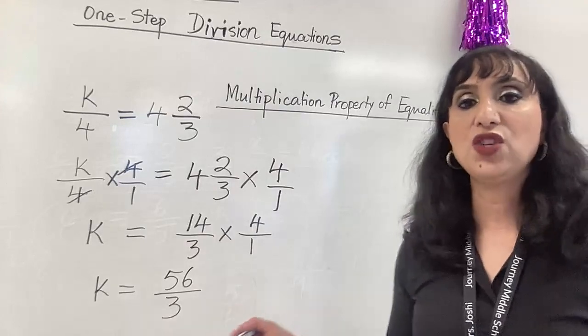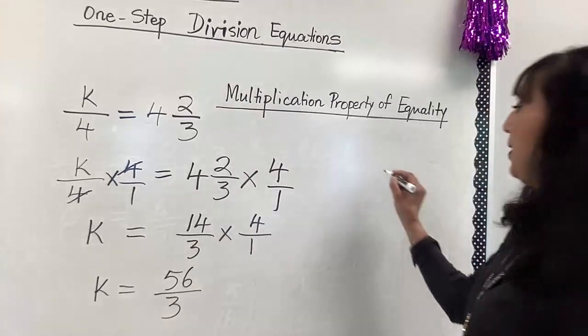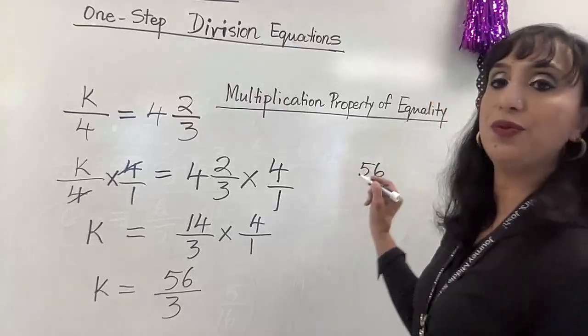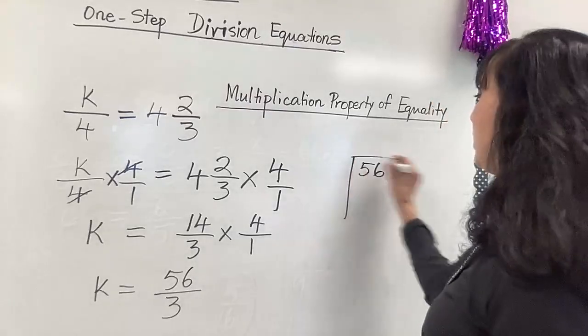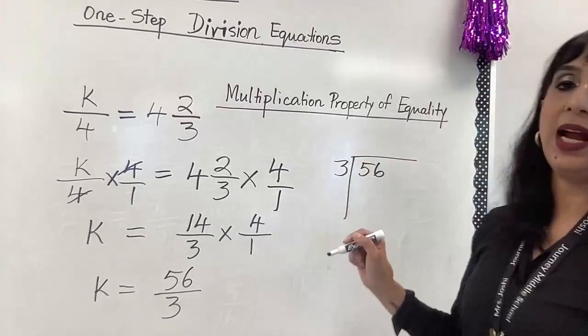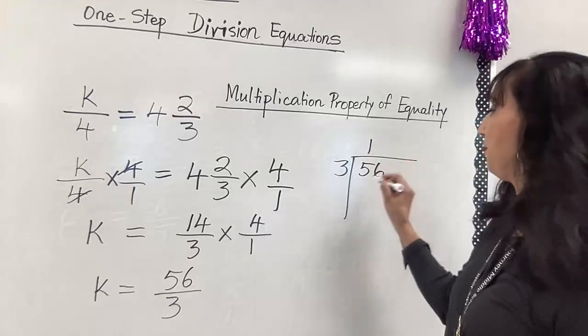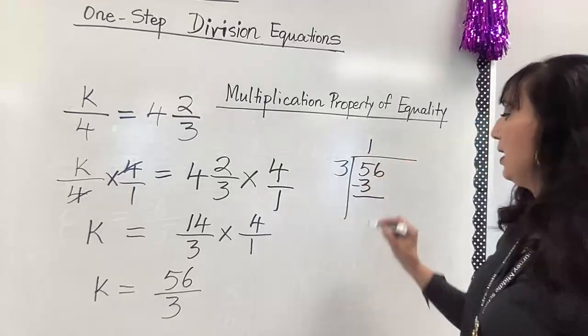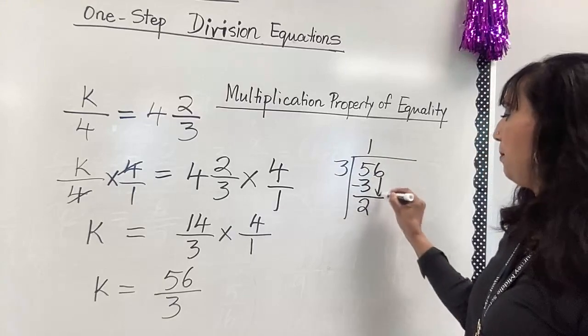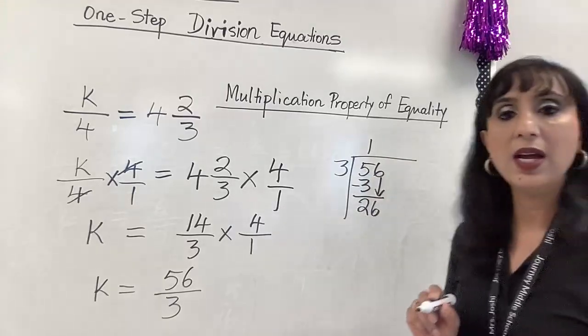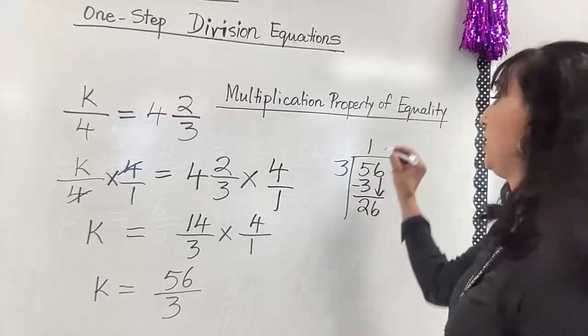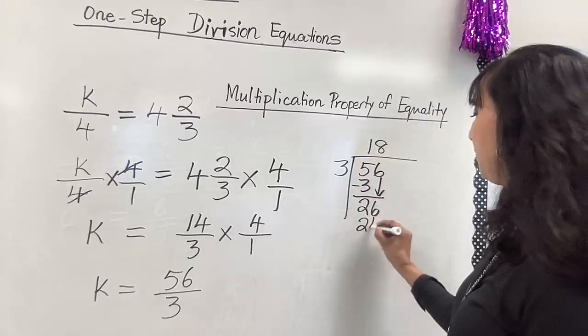And if I was to change this back to a mixed number, I would do 56 divided by 3. And I know that 1 times 3 is 3. Right? And I get 2 remainder. I bring the 6 down, and 8 times 3 gives me 24.